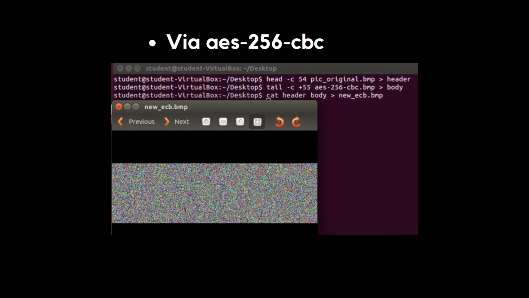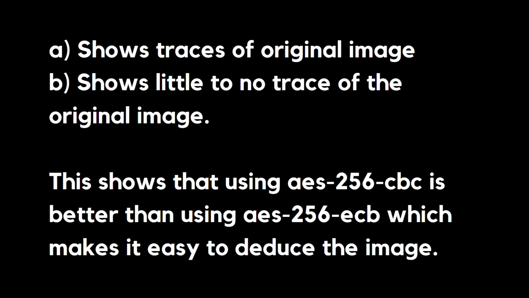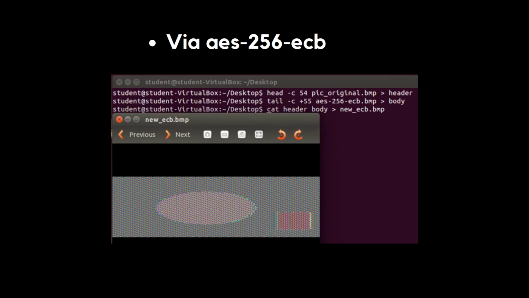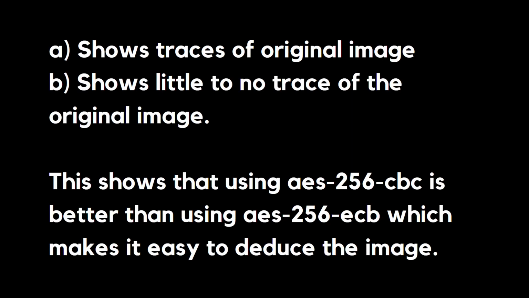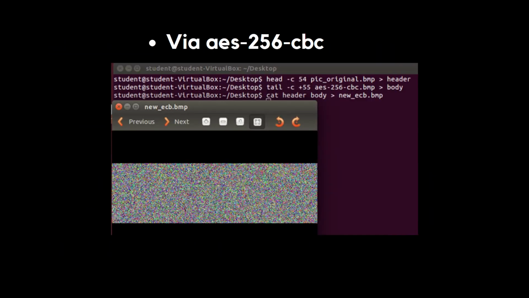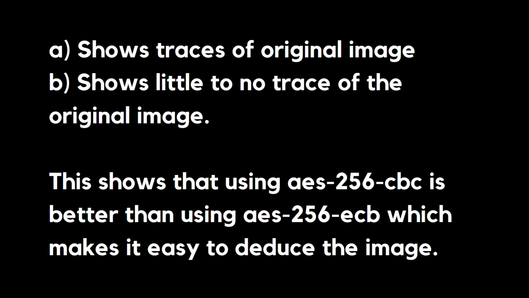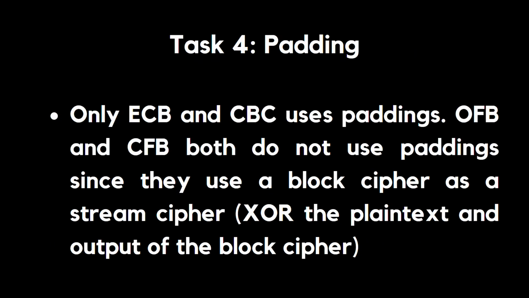All right, and if we compare that with AES 256 CBC, we can see that A shows us traces of the original image, so we can still see it, right? And then B shows little to no trace of the original image, which is good. And this shows that AES 256 CBC is better than using AES 256 ECB, which makes it easy to deduce the image.